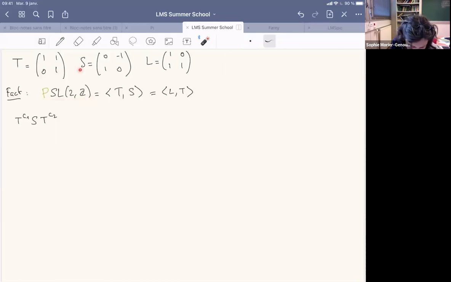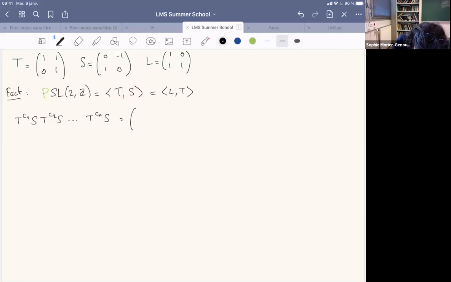So I can consider S as having order 2. A general decomposition would need to use T inverse and S inverse, but I don't need S inverse because it's almost S already. Anyway, what I'm doing here is looking at such a product in SL2.